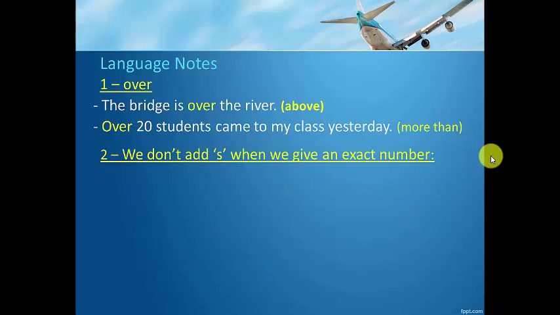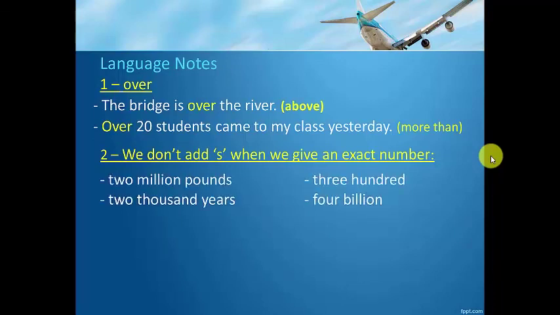The second one, we don't add s when we give an exact number. This example, 2,000,000 pounds, 2,000 years, 304 billion. We don't add s here in these examples.